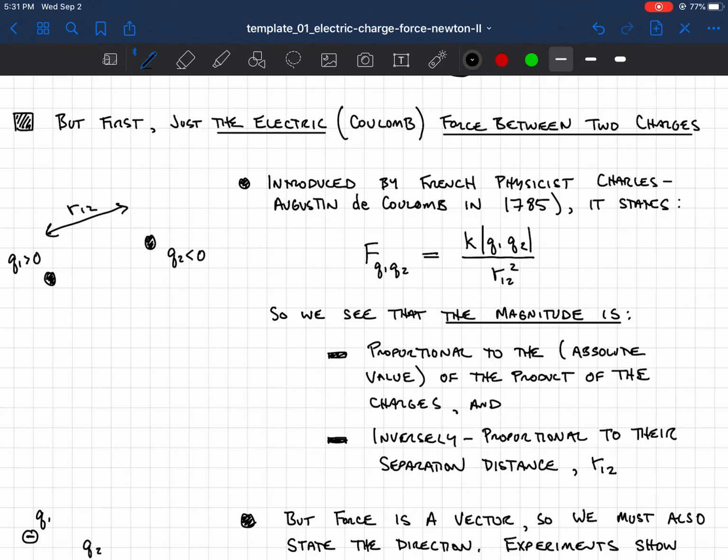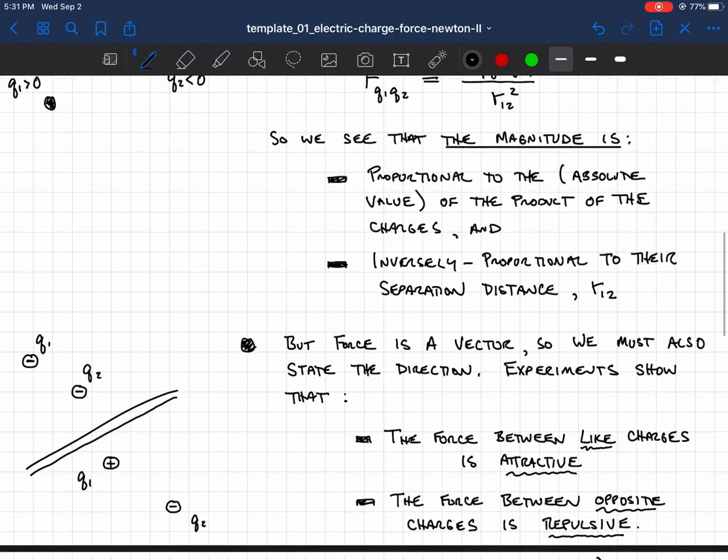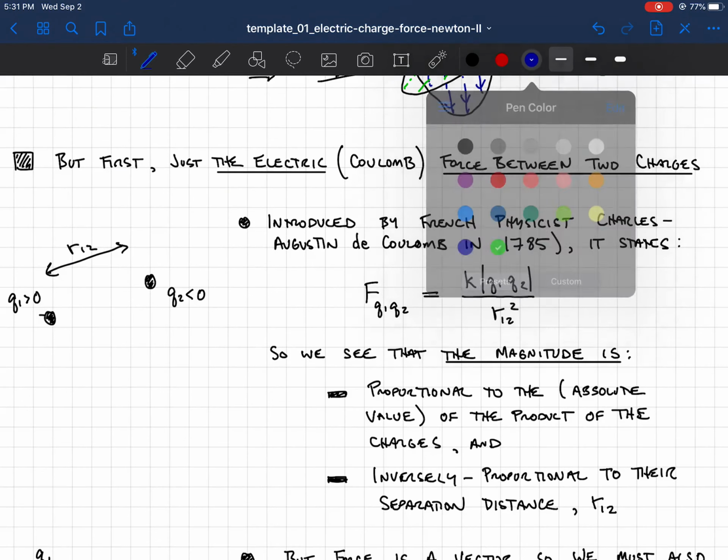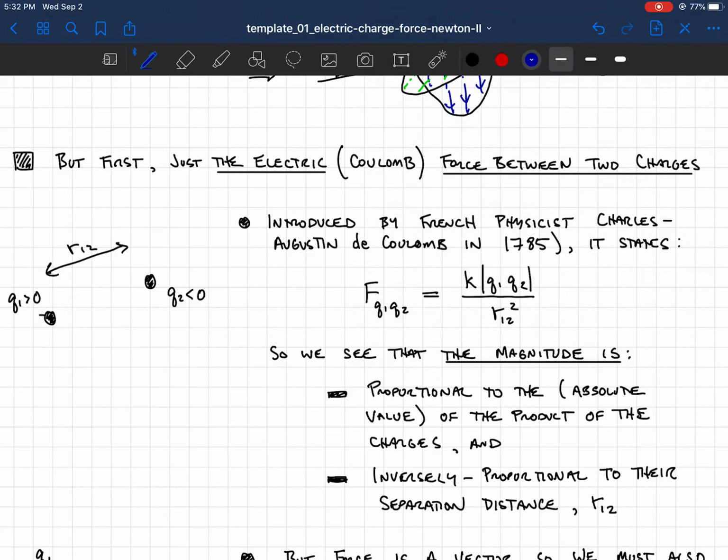And the direction is given by experiments to be seen as like charges repel and opposite charges attract each other. So if we go back up here to this example, we have a positive charge and a negative charge. So if I were to draw the force of Q1 on Q2, then that would be an attractive force.